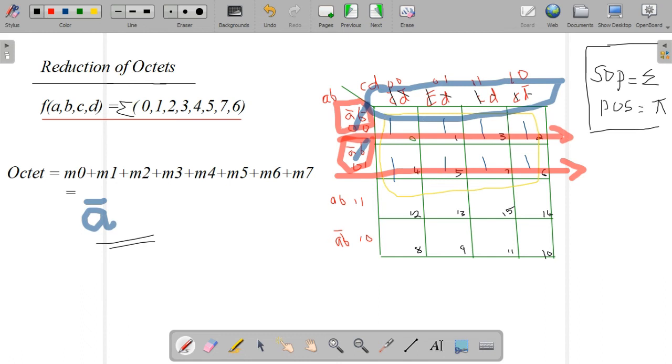Next we will move to POS expressions. How do we do it in a POS expression? In one KMap itself I can give you the example.